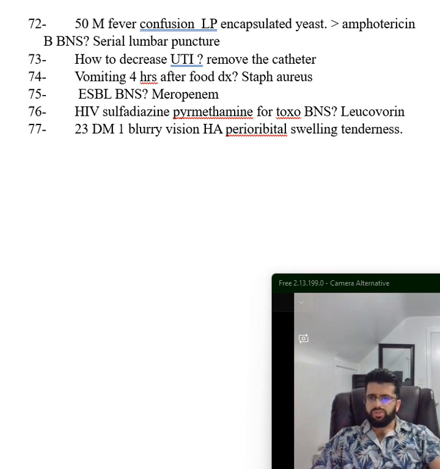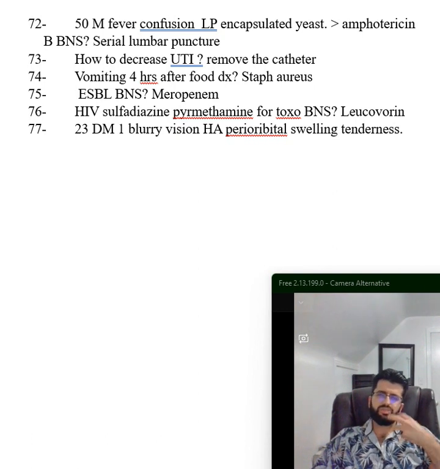So this patient, what do you suspect? A diabetic with periorbital swelling, tenderness, and if you do a CT, you will see sinusitis, which could cause cavernous sinus disease.